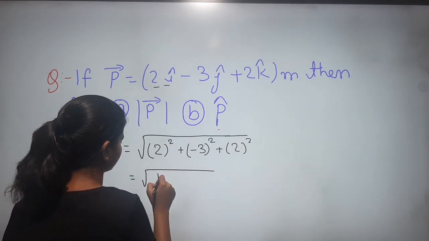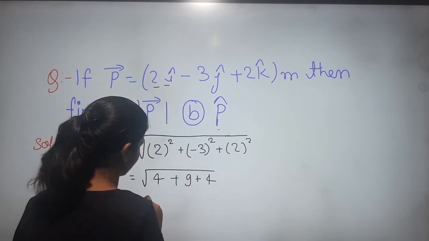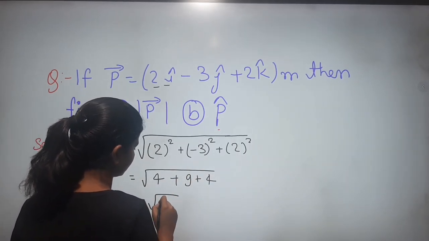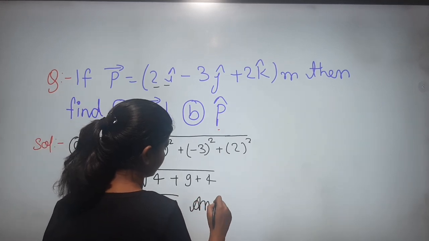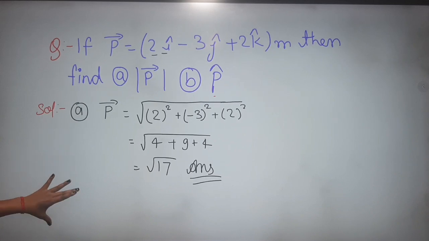Square of 2 is 4, 9 plus 4, that is 17, 9 plus 4 plus 4 is 17... root 70. This one is our answer. Root 70 is the answer of A.